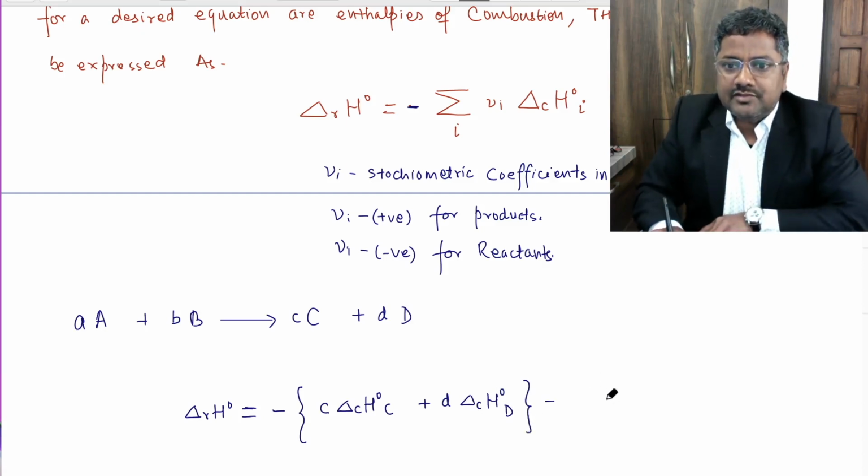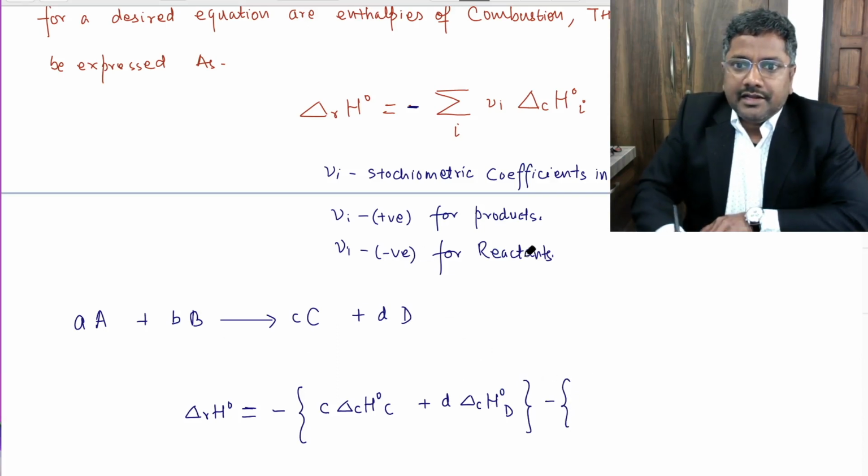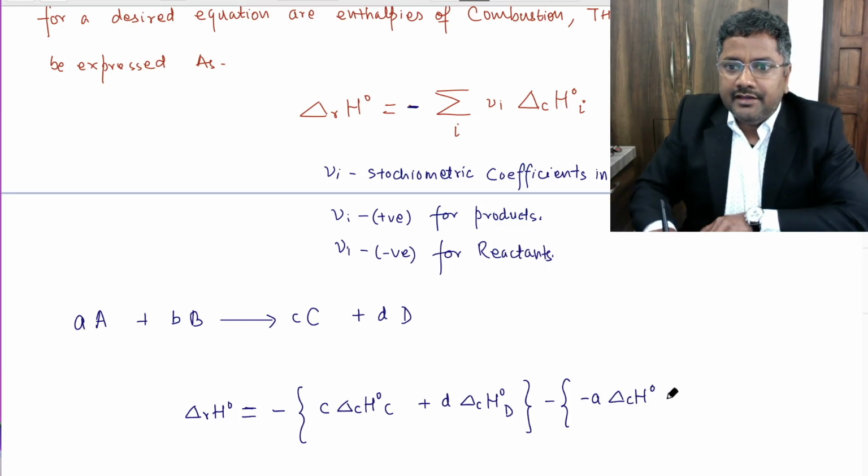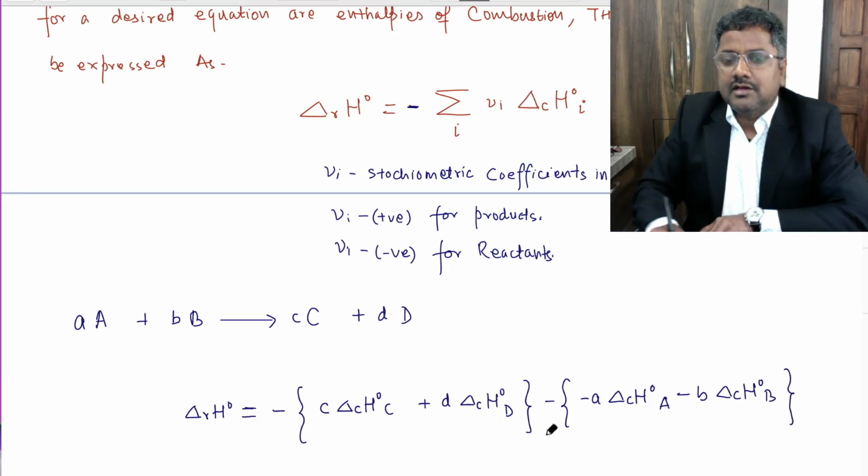Put a negative sign here as usual, and after that, negative for reactant. So for A, you have to take minus a, delta H naught combustion for A, minus b, delta H naught combustion for B, right?